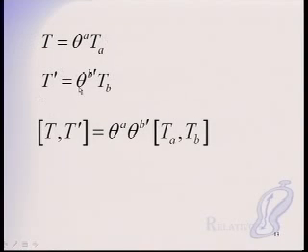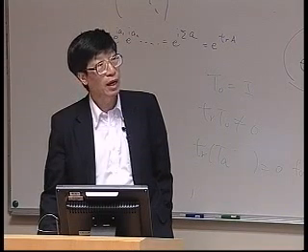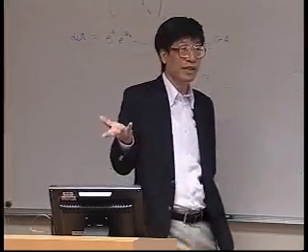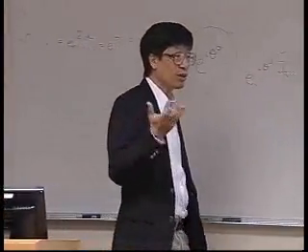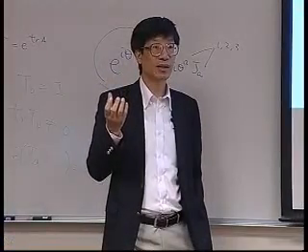The second one can also be written like this with a different set of parameters, sum over A, sum over B, of course. So this commutator becomes theta A theta B prime times the commutator of T A, T B. These are just parameters. All I'm saying in this slide is that all you need to know is the commutator among the basis T's.